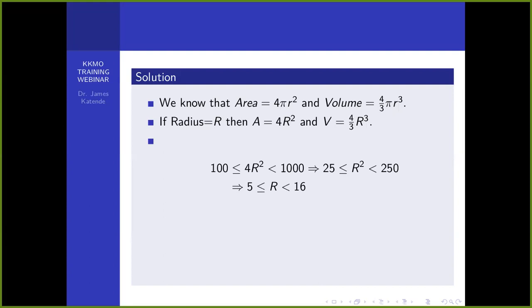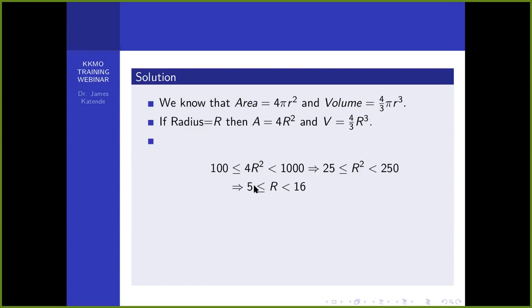We are also told that A and V are both 3-digit numbers, so they lie between 100 and 1,000. So A itself, which is 4R squared, lies between 100 and 1,000. Before you get the square root, divide throughout by 4 to get 25 is less than or equal to R squared, which is less than 250.